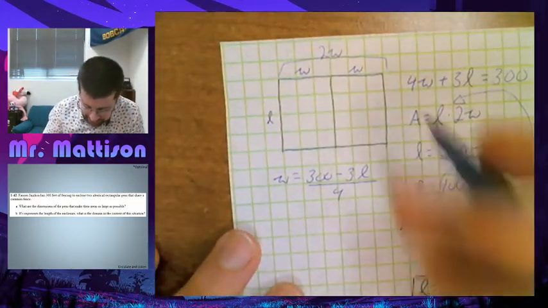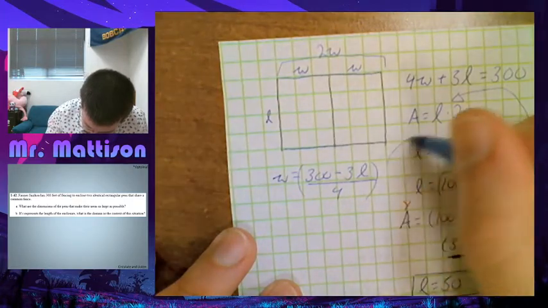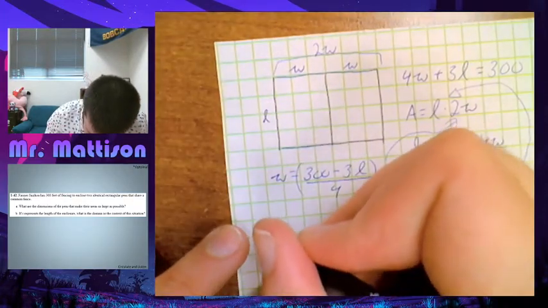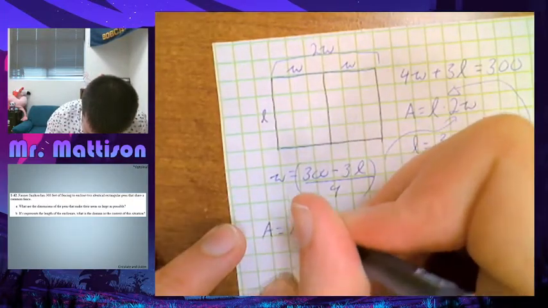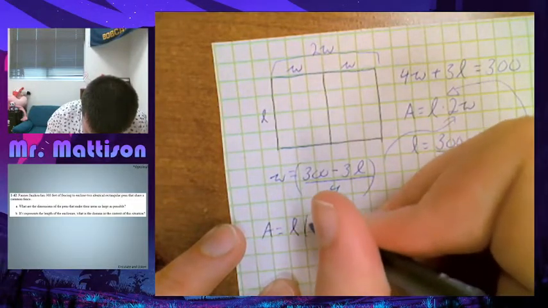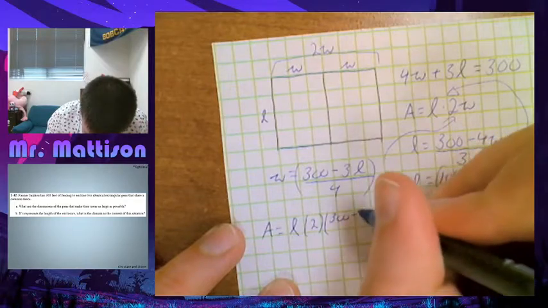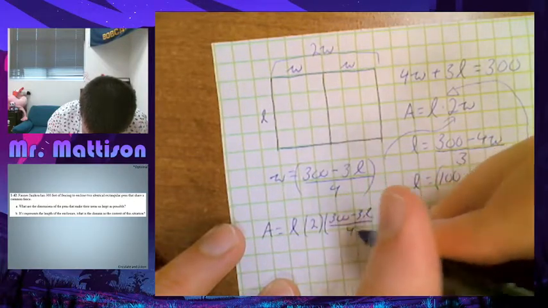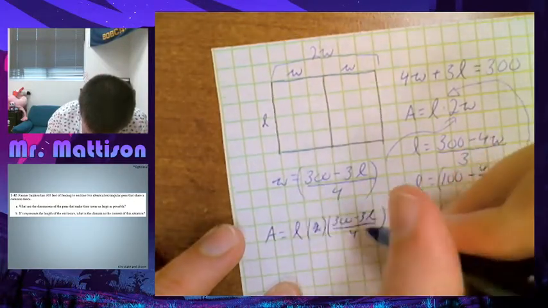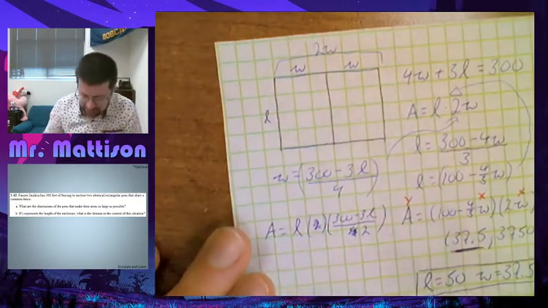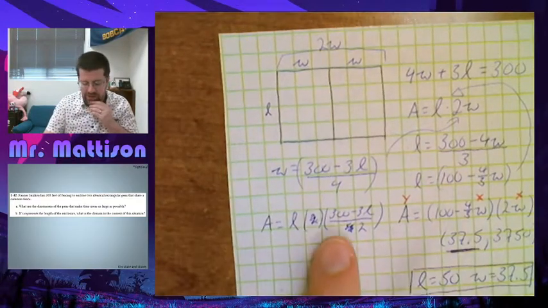So then I could plug this in for the W there, and I would get A equals length times 2 times 300 minus 3L over 4. Now the 2 and that 4 are going to reduce down to just a 2 on the bottom. So that would be what I would end up graphing.